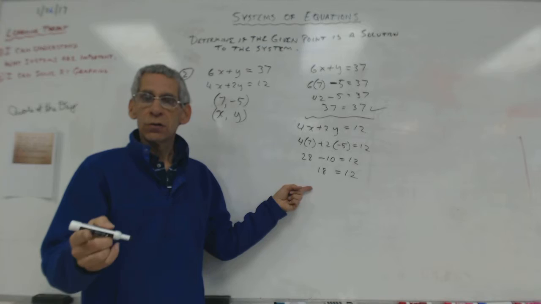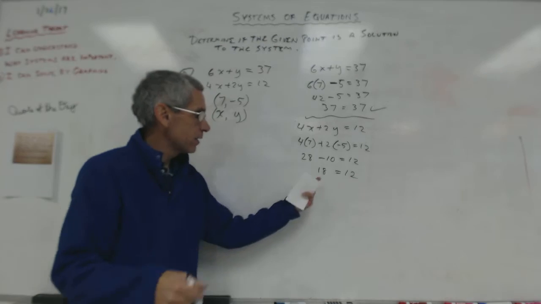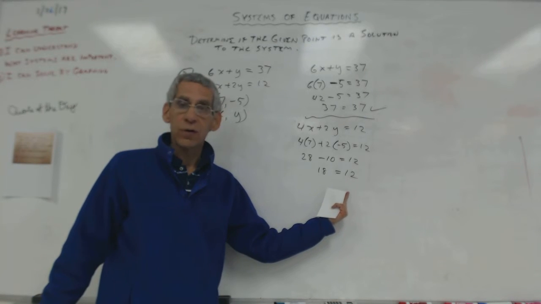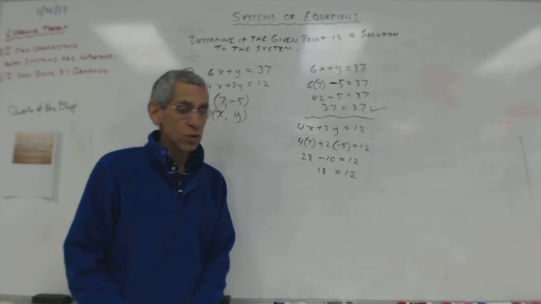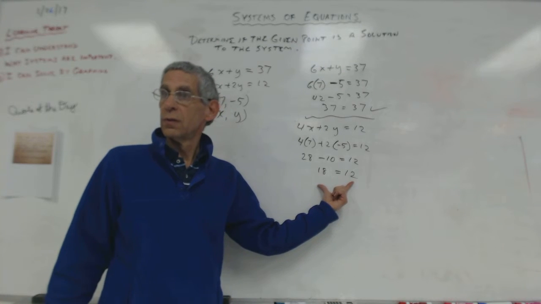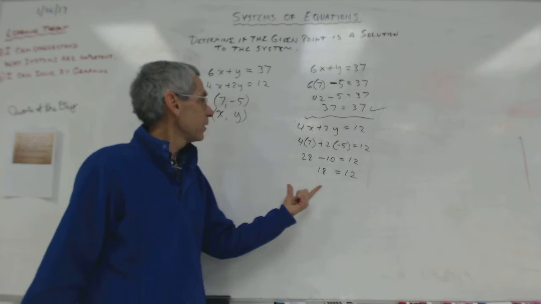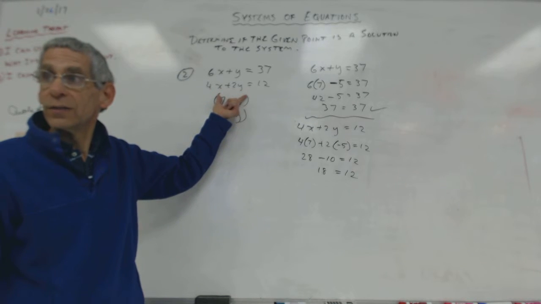Not true. So you should be writing this down, right? 18 equals 12. So is that true? No. That's not true. That means that is not a solution to this equation.